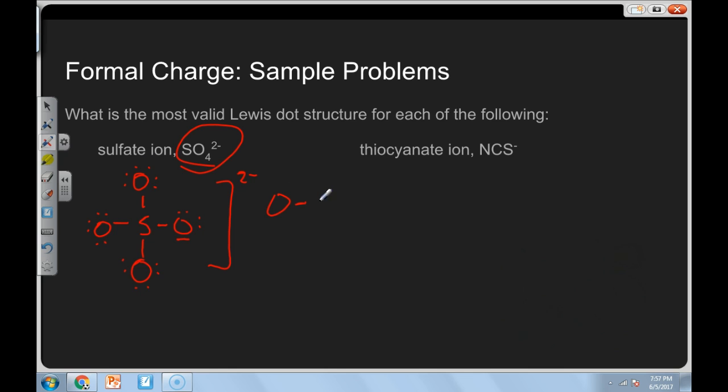So each oxygen is 6 minus 6 plus 1, that's going to be -1. So each oxygen has a -1. Now the sulfur is going to be 6 minus 0 plus 4, which is a +2.